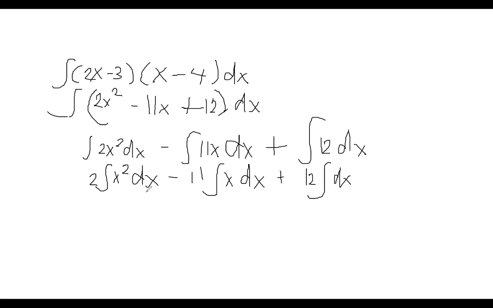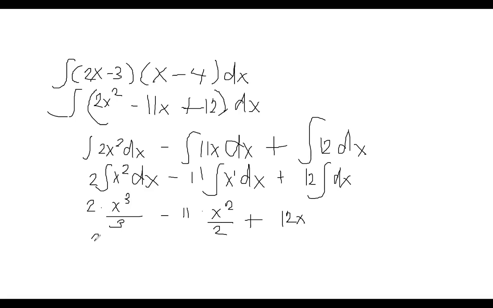Then follow the power formula. In this case, we will have x to the power of 2 plus 1, which happens to be 3, all over 3, minus 11 x, 1 plus 1 is 2, all over 2, plus 12 dx. If it's dx, simply add x, because the integral of dx is simply x. So here it is, 12x.